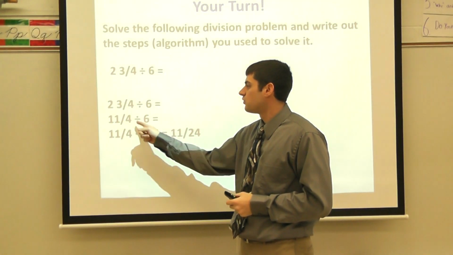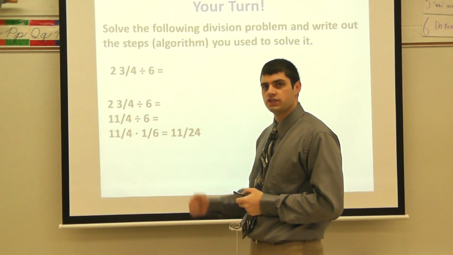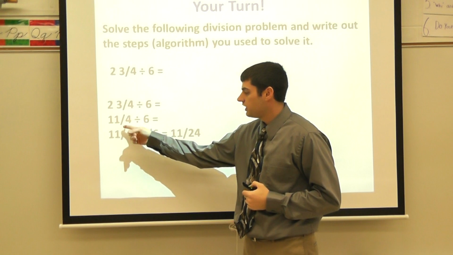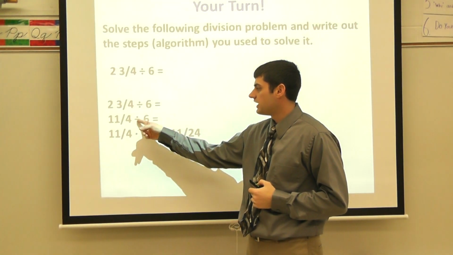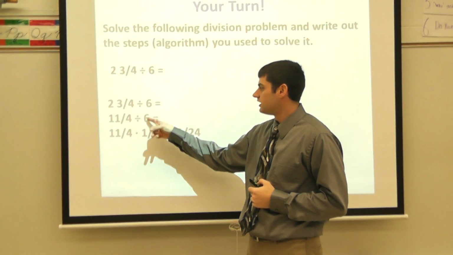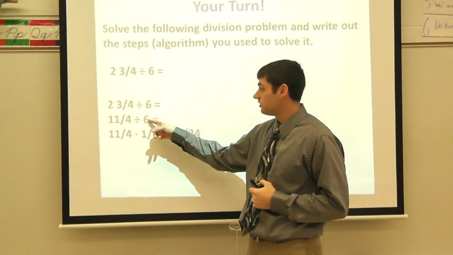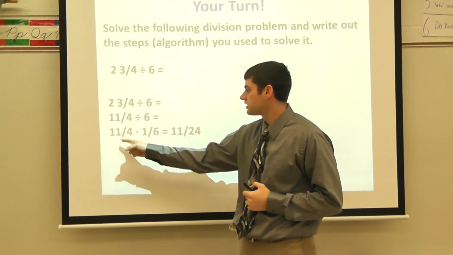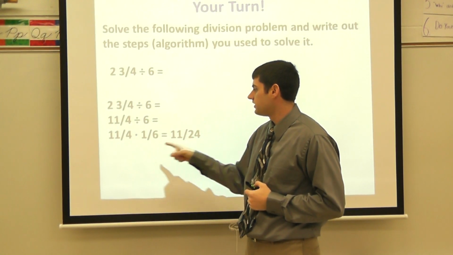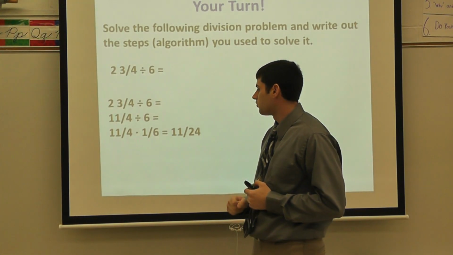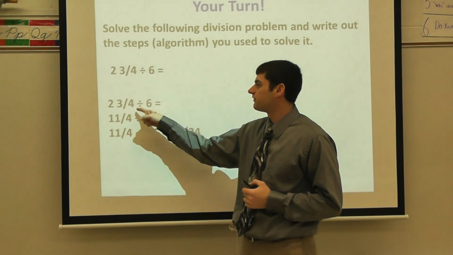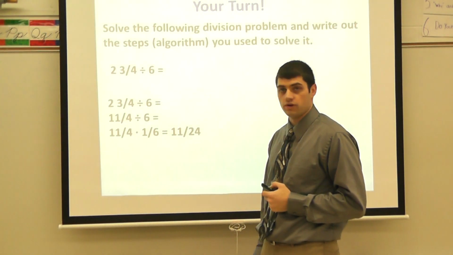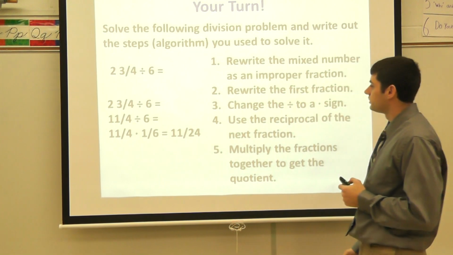Now I have 11/4 divided by 6. This is where we can follow that algorithm from the first problem. Keep my first fraction the same, change division to multiplication, use the reciprocal of 6/1, which is 1/6, then multiply across. So 11 times 1 would be 11. 4 times 6 would be 24. So 2 3/4 divided by 6 would be 11/24.